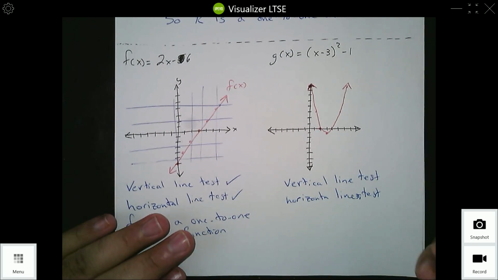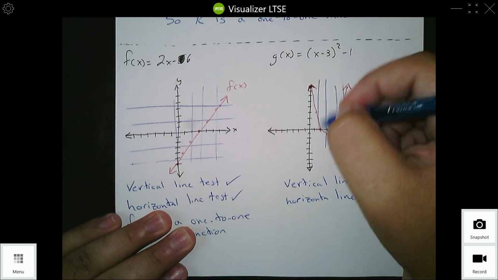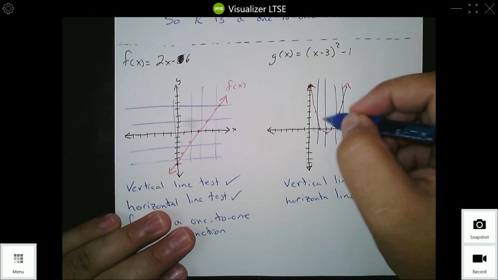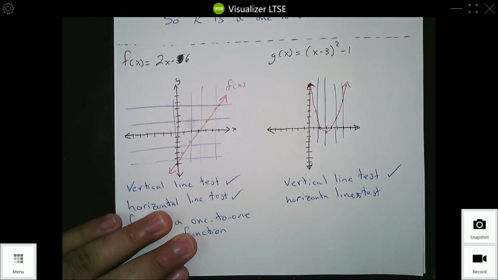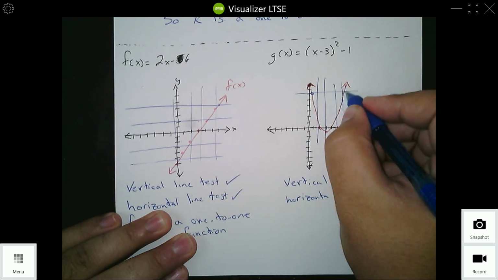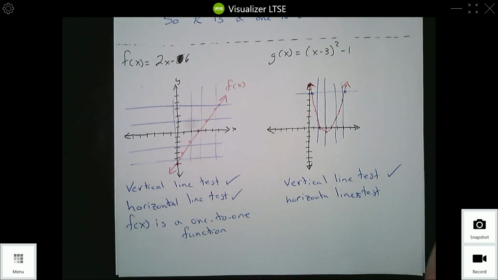We apply our vertical line test, and perfect, it never crosses more than one point. So that's a check mark. Now we apply the horizontal line test. Immediately I can see it hits more than one point at that line, it hits two points.